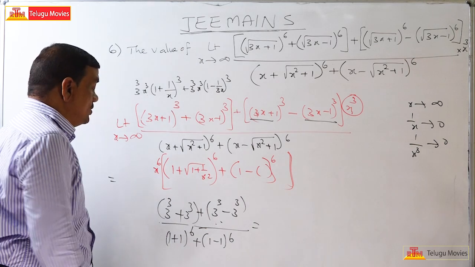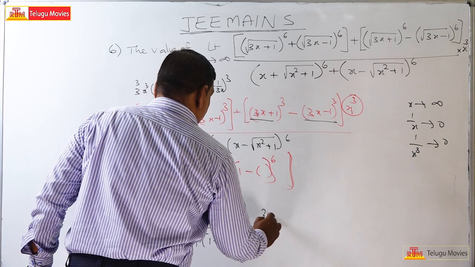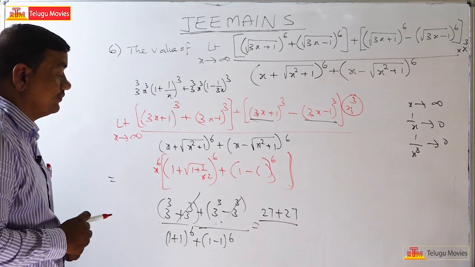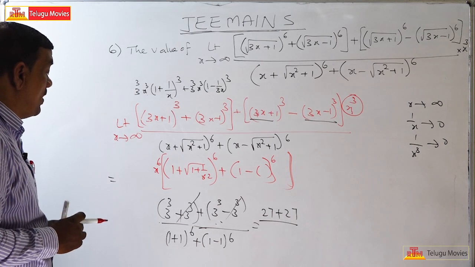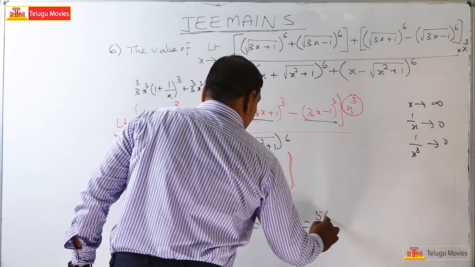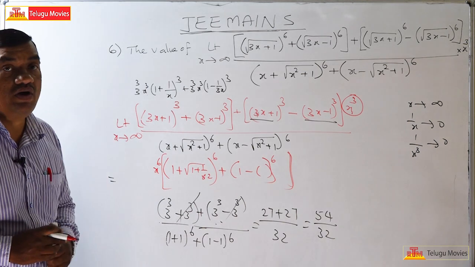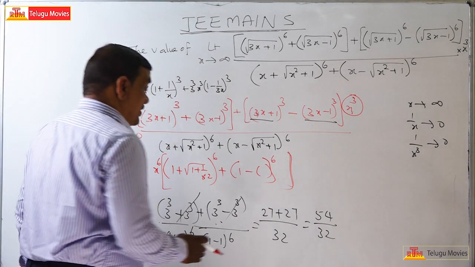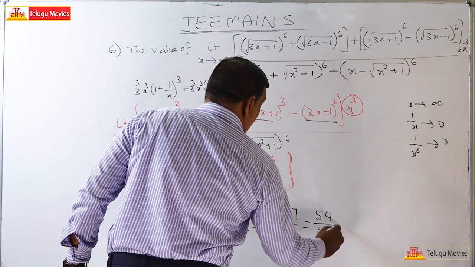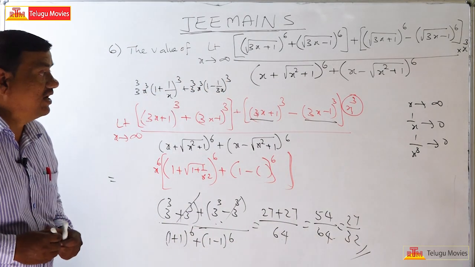So this is 3 cube plus 3 cube, 27 plus 27 by 1 plus 1, 2, 2 power 6, 64, sorry, 64. So this is 54 by 64, that is equal to 27 by 32. So 27 by 32 will be the final answer.